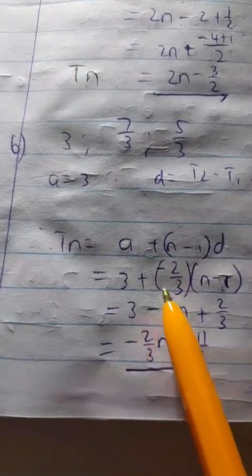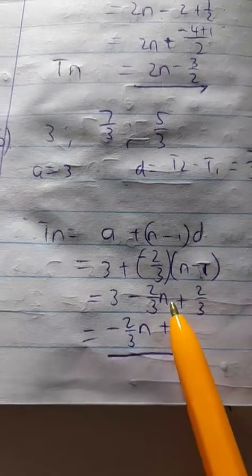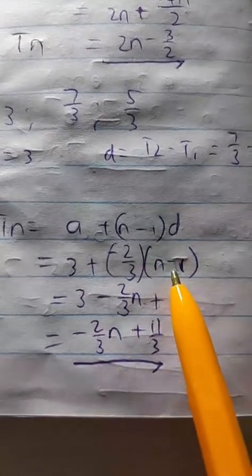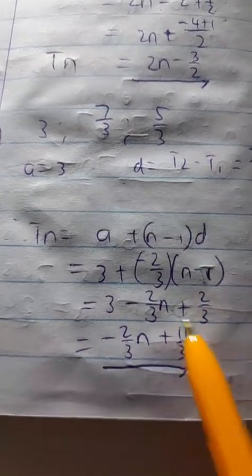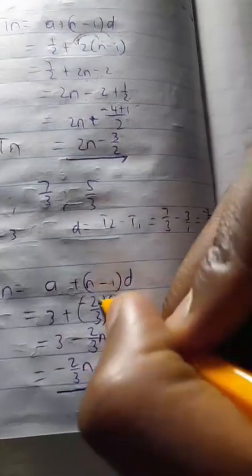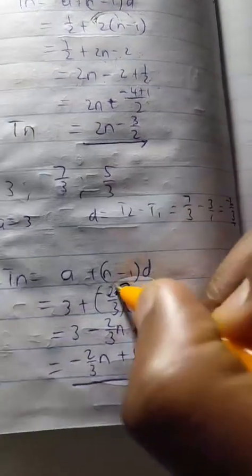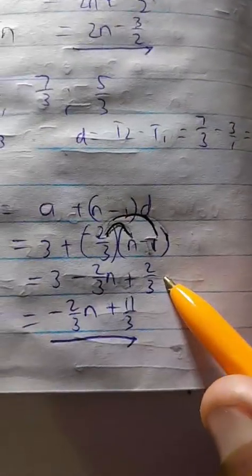So negative 2 over 3 times n is negative 2 over 3n. Then negative 2 over 3 times negative 1 gives us positive 2 over 3.